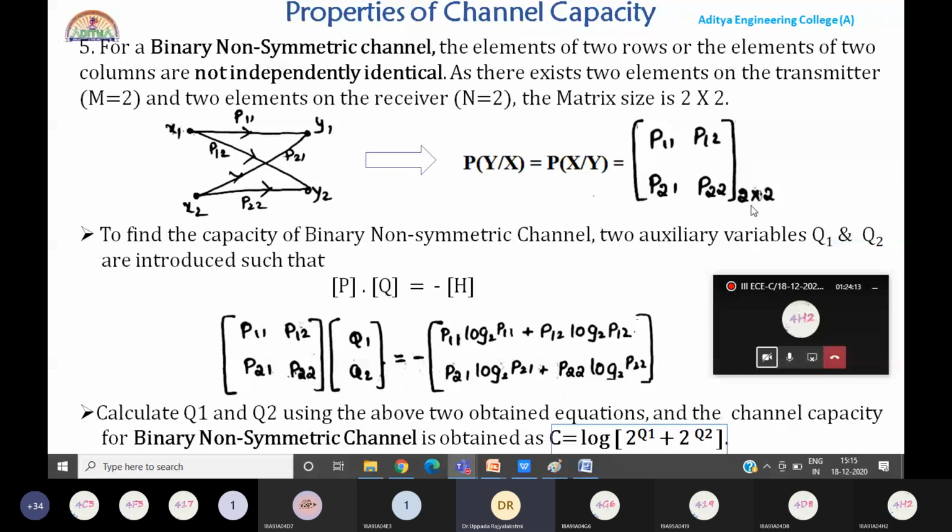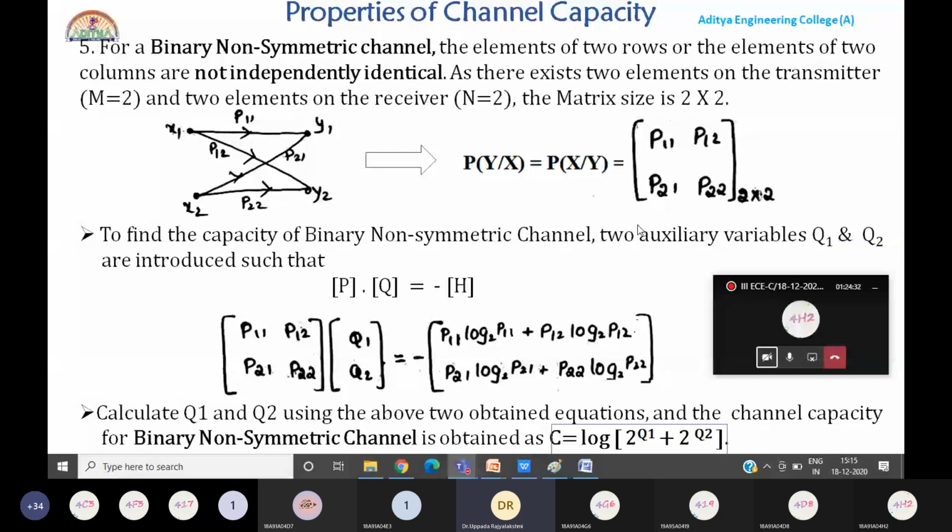The matrix size is 2 by 2 because it is a binary channel. As it is non-symmetric, all these elements are not identical. Now let us calculate the capacity of the binary non-symmetric channel.